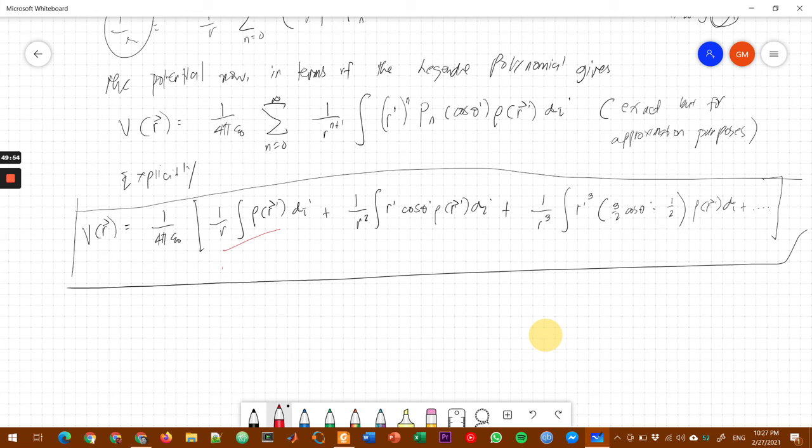That's actually monopole. Okay, katong one charge. Then the second term, 1 over r square man na siya. That's actually the dipole potential. Right? And then for the r cube, that's for your quadrupole, octupole, and so on. Okay?